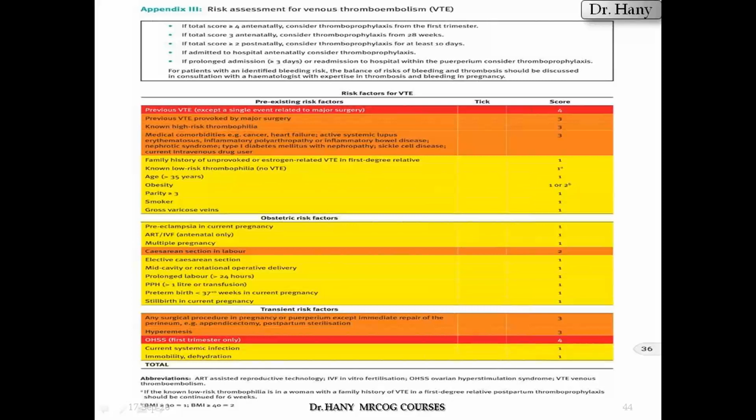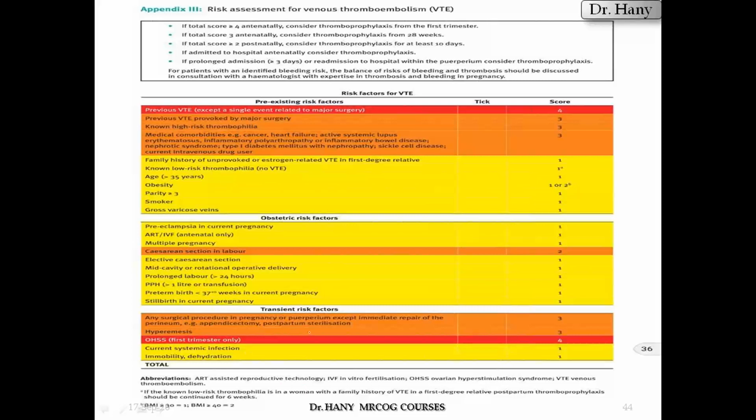Is that the difference between antenatal and postnatal? No, but these are the risk factors for VTE, the pre-existing risk factors. Yes. It's written BMI more than or equal to 30 is 1 and more than or equal to 40 is 2. Where is it?